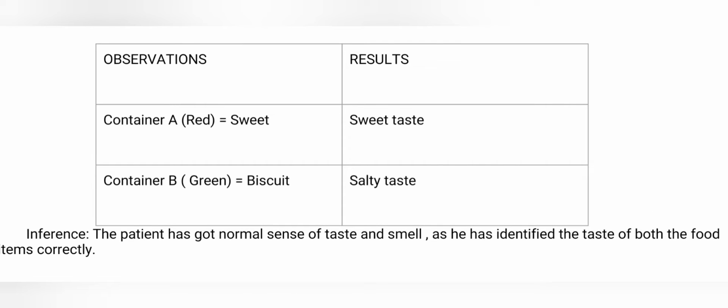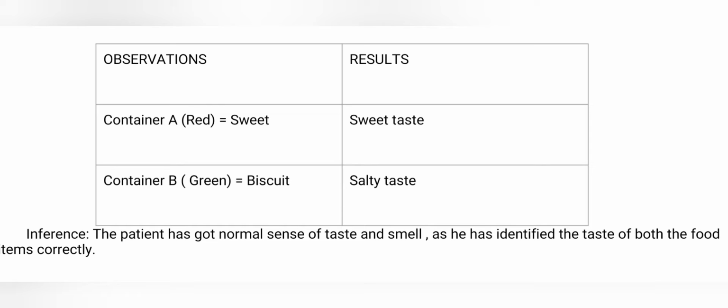Before we move on to the objective questions in detail, let's have a glance at the observation and result of the experiment. As we can see in the observation table, we have two containers, A and B. Container A contains a sweet dish and container B contains a biscuit which is salty.